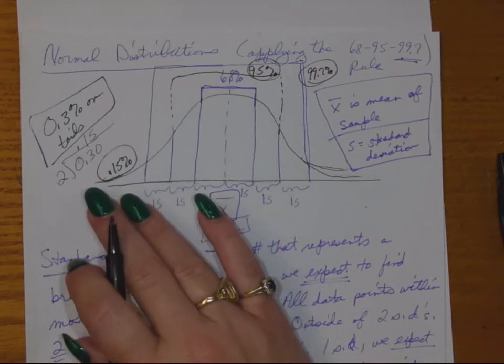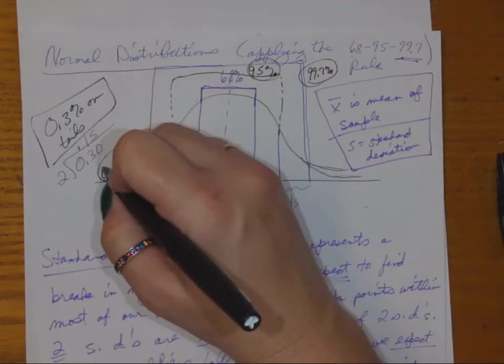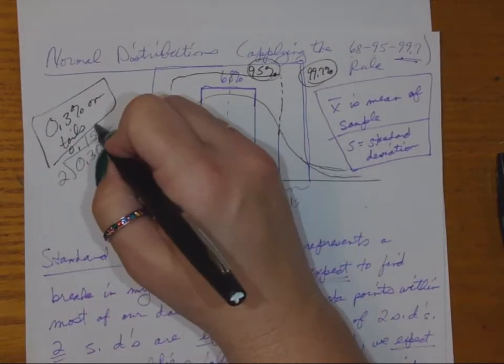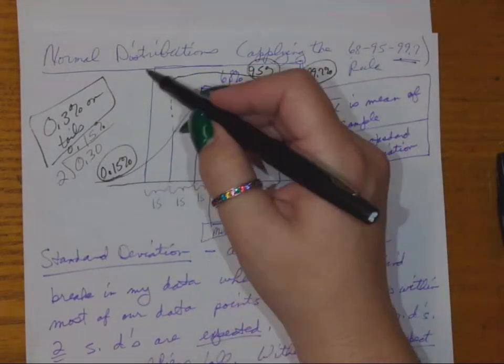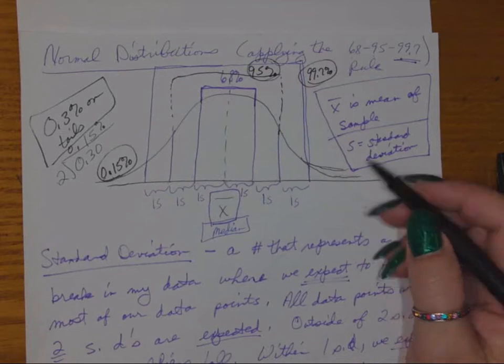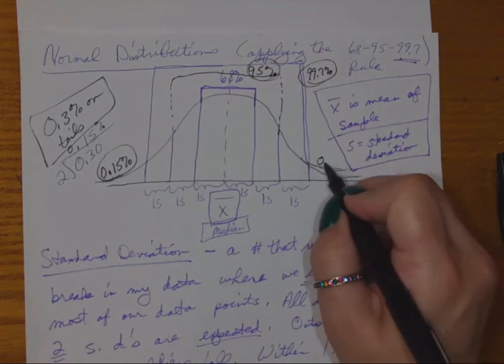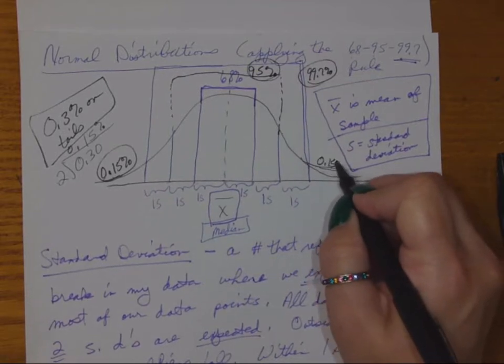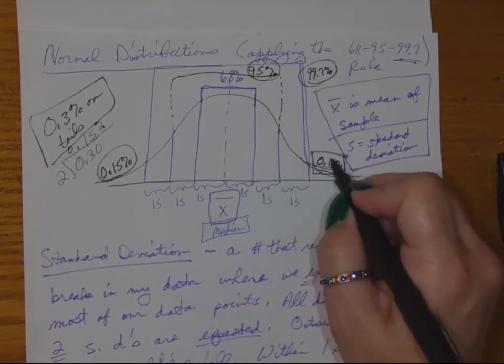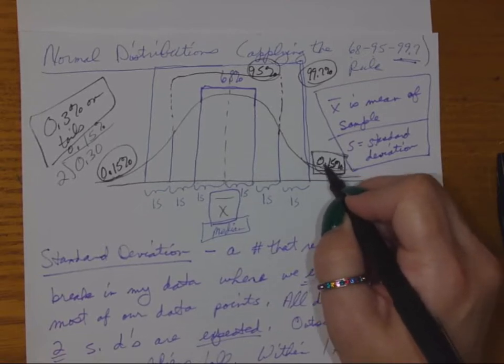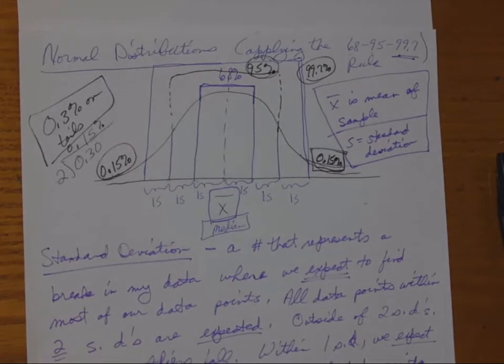It's not 15%, it's 0.15%. Because we've got 99.7% in here, I've only got 0.3% left to deal with. So 0.15% is a really tiny percentage, and so we expect that only the farthest out of my outliers would be in those percentages.